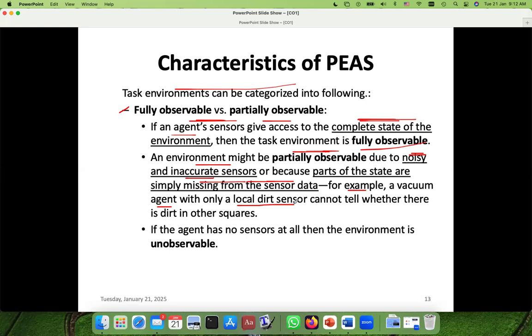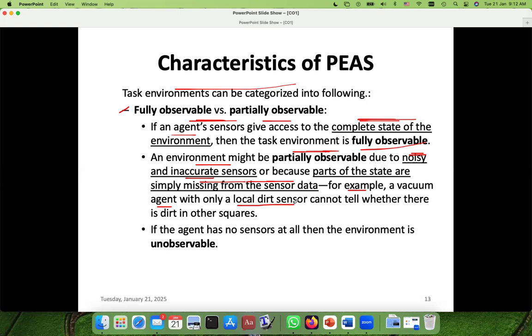That means only local to that square A. It does not know whether the dirt is available in square B or not, while your agent is present in location A.